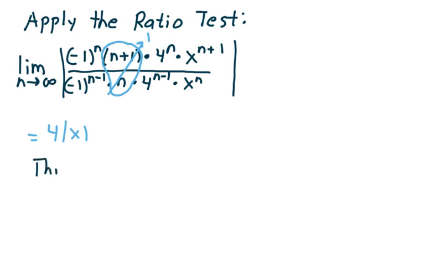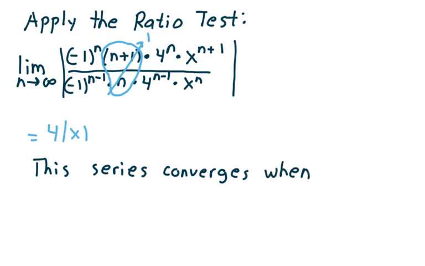Now, this series converges when 4 times the absolute value of x is less than 1. And so, therefore, it converges when the absolute value of x is less than 1/4.